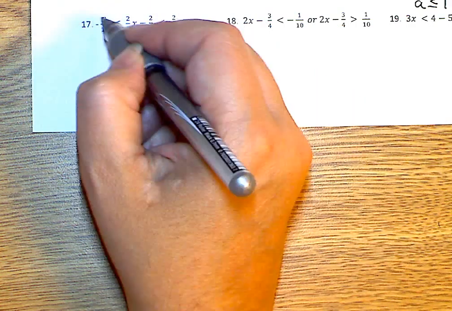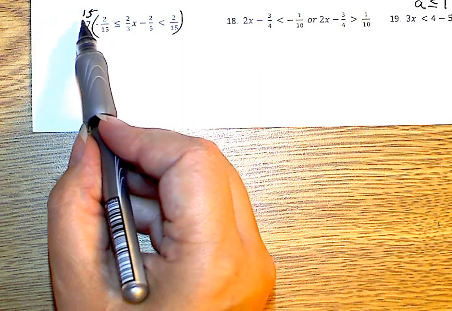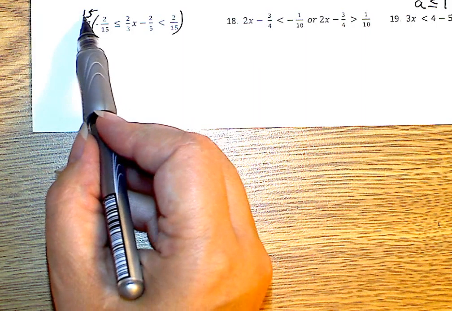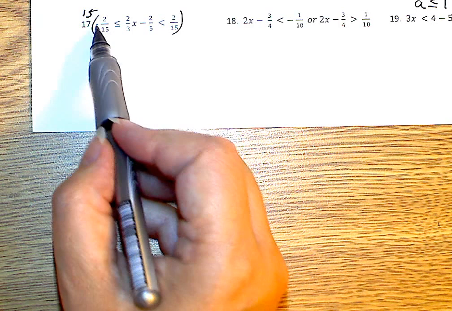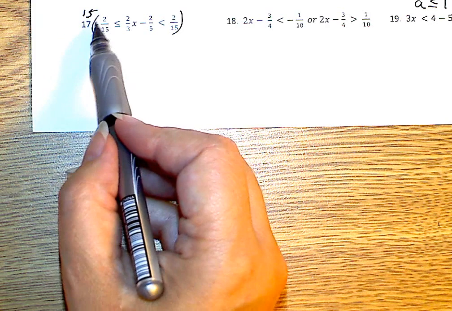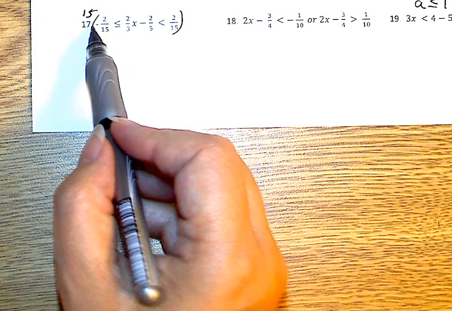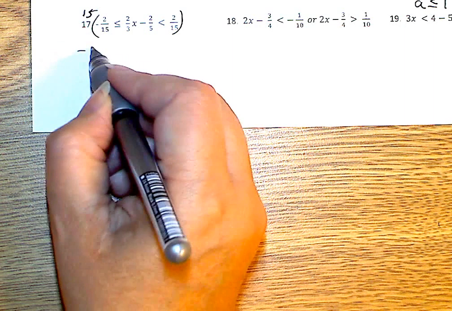So 15 is the number. How you do this is you go 15 times 2 divided by a negative 15. So in your calculator, 15 times 2 divided by a negative 15 gives you a negative 2.